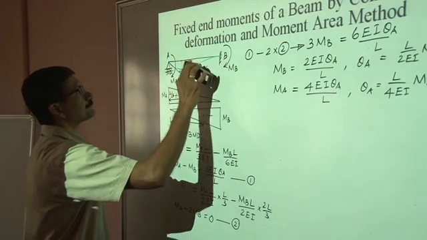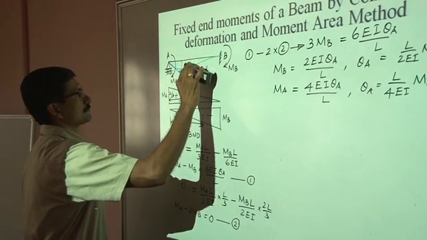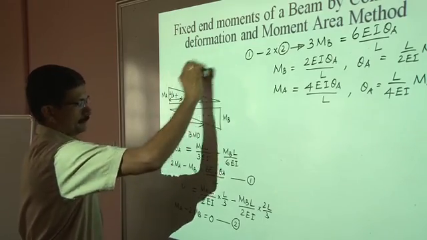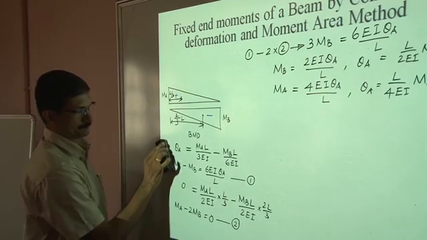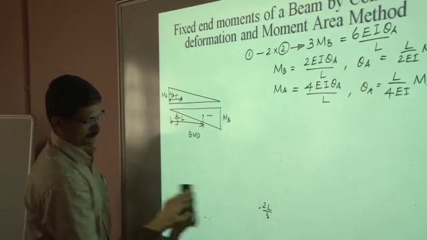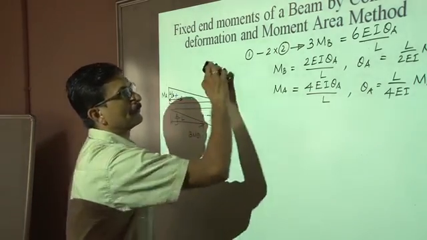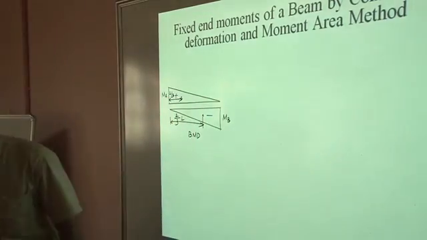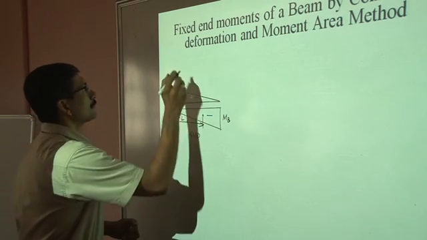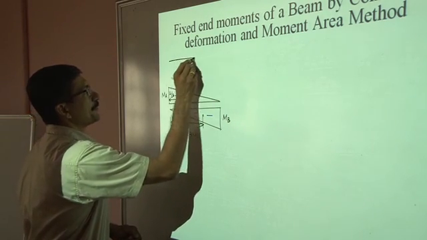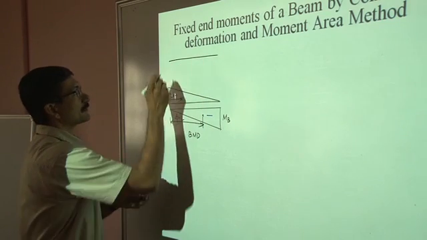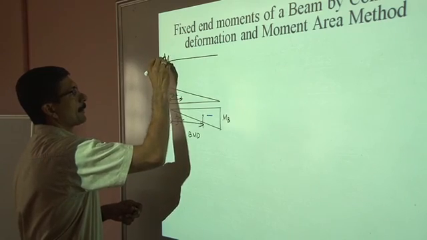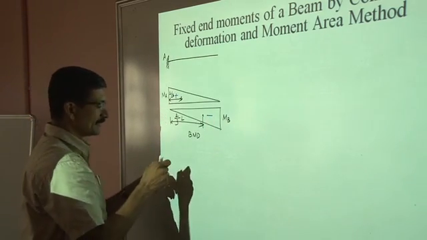Now further, let us have a situation where one end is fixed in a beam and the second end is also fixed, but there is support settlement.